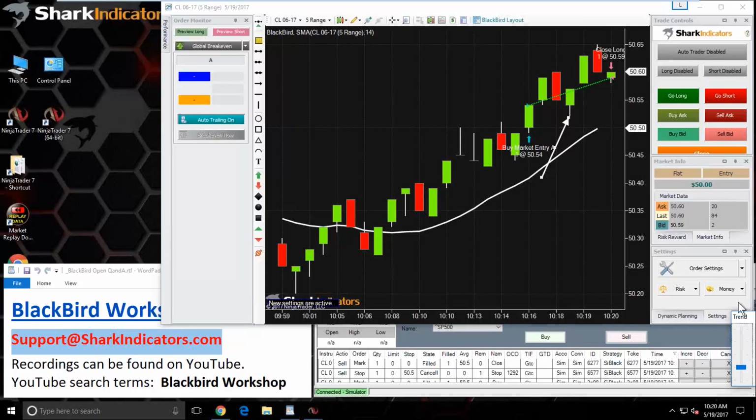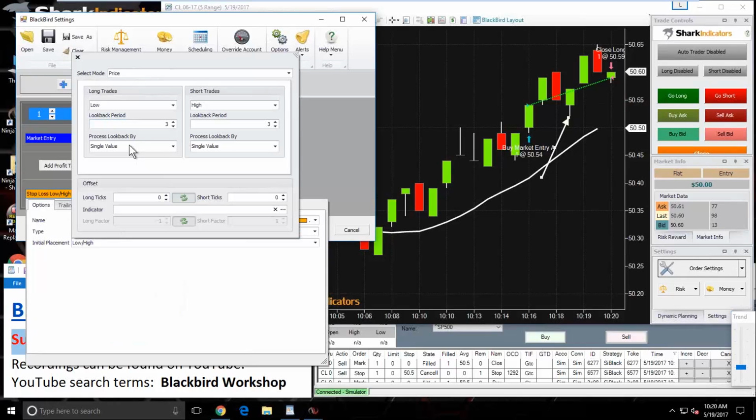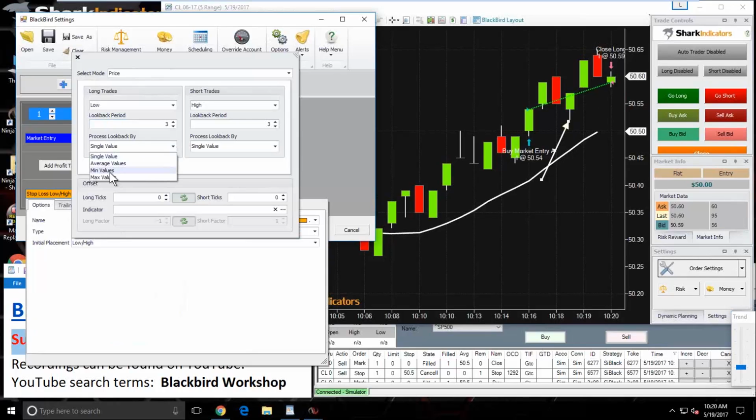So let me make some adjustments here. Let's set this up the way most people would be setting this up. So we're going to use the lowest low, the minimum value, the lowest low of the last 3 bars. And then you can see for our short trades, it's going to use the maximum value for the high prices.